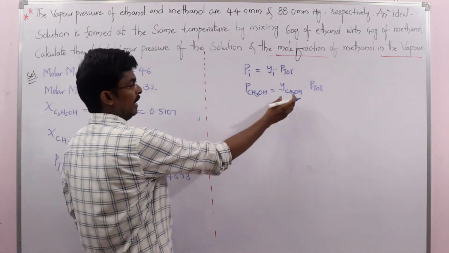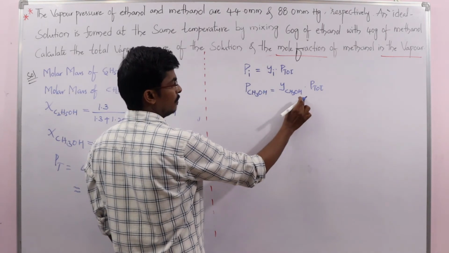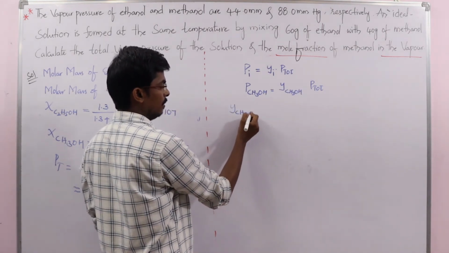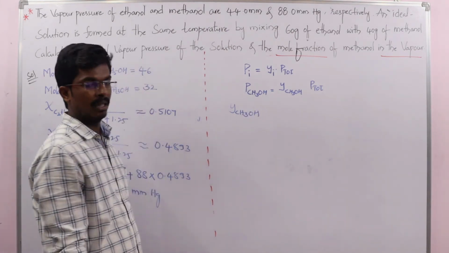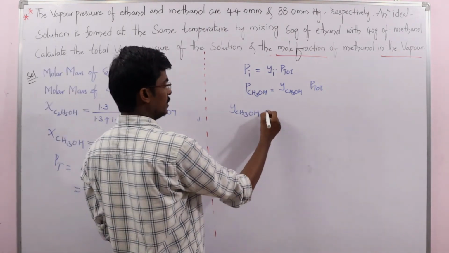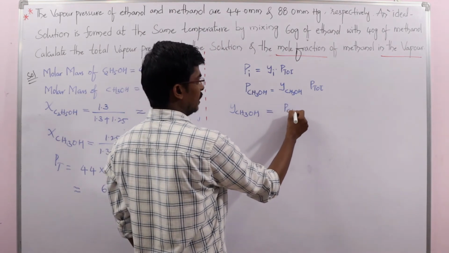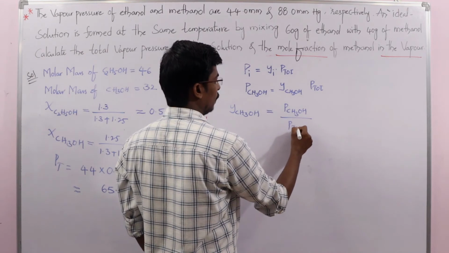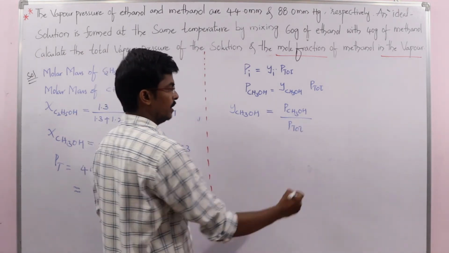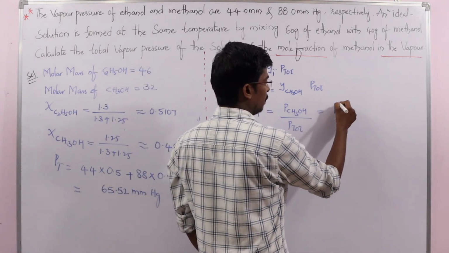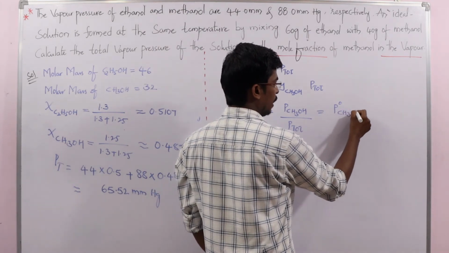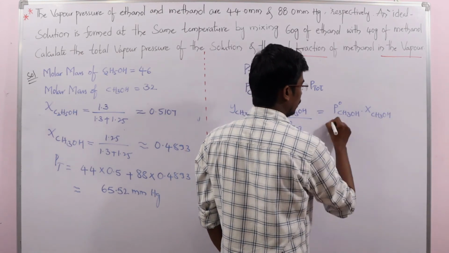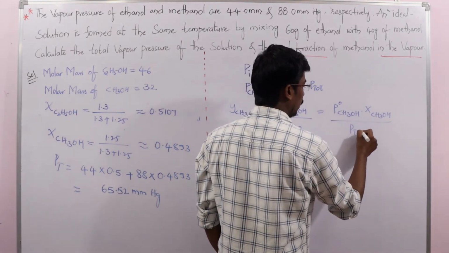So now we need the mole fraction of methanol in the vapor. Y CH3OH, nothing but the mole fraction of methanol in the vapor phase, is equal to P CH3OH by P total. P CH3OH is P naught CH3OH into X CH3OH, by P total.